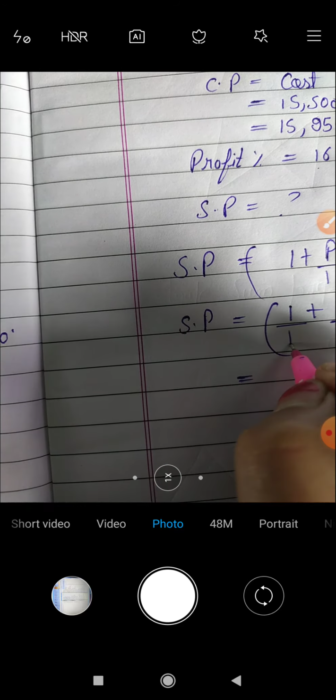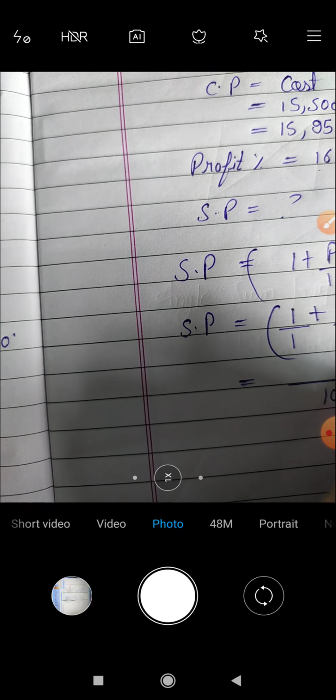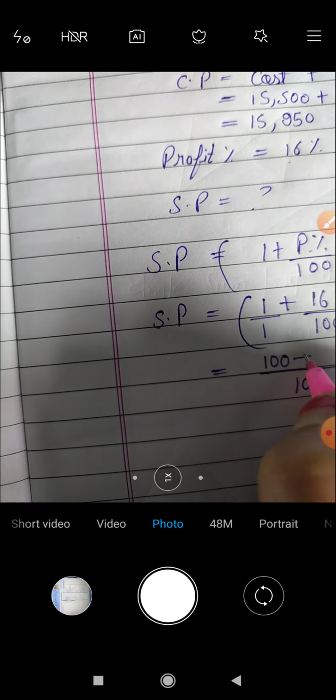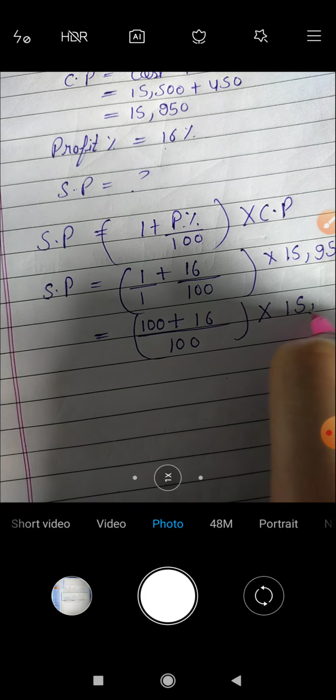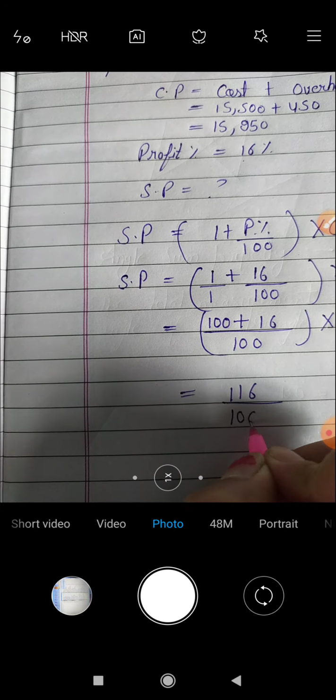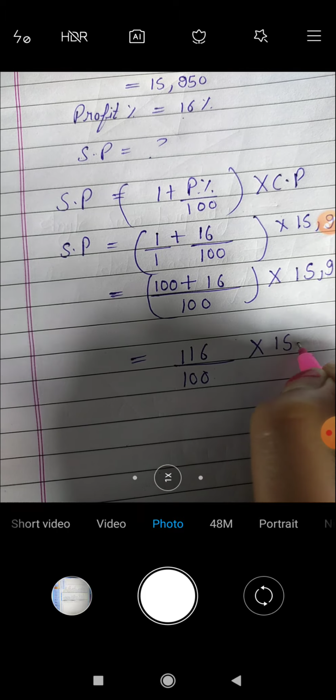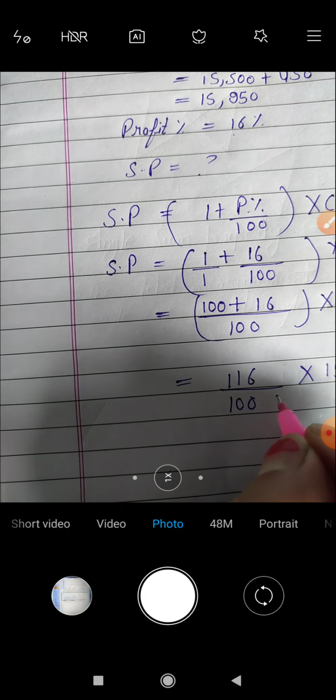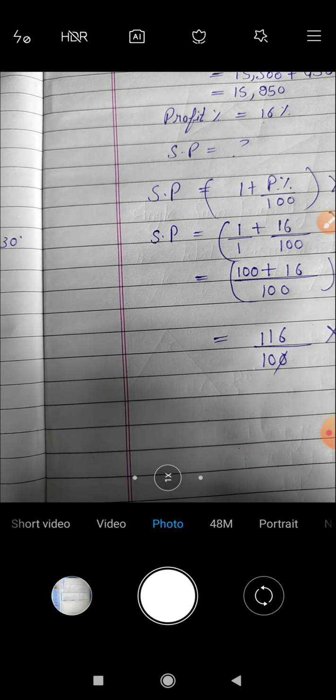Now we take the LCM of 1 and 100. It is 100 in the denominator. In the numerator we have 100 plus 16, multiplied by 15,950. So we have 116 in the numerator and 100 in the denominator. We multiply this fraction by 15,950.